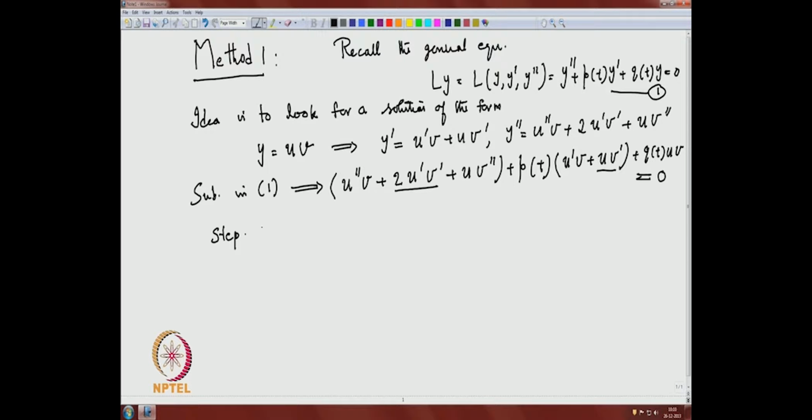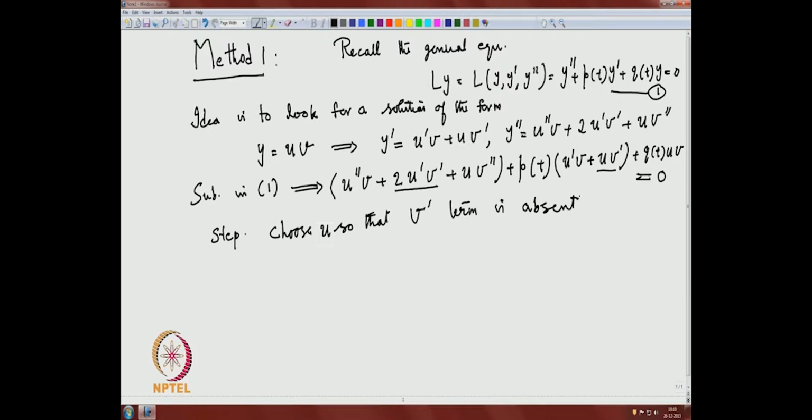So, step: choose u so that the v prime term is absent.